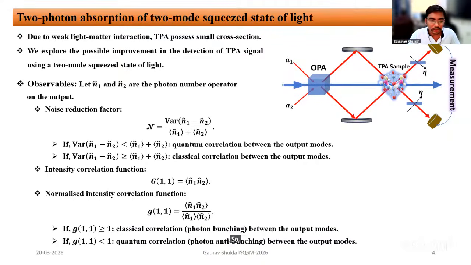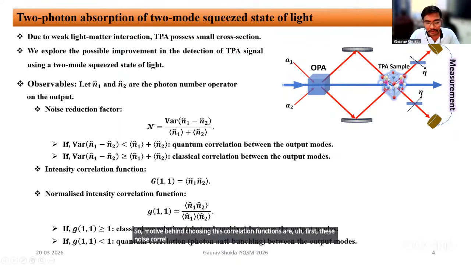The motive behind choosing these correlation functions is, first, for the noise reduction factor, if this variance is less than the mean photon number, then it shows quantum correlation between the output modes, and if it is greater than or equal to the total mean photon number, it shows classical correlation between the output modes.